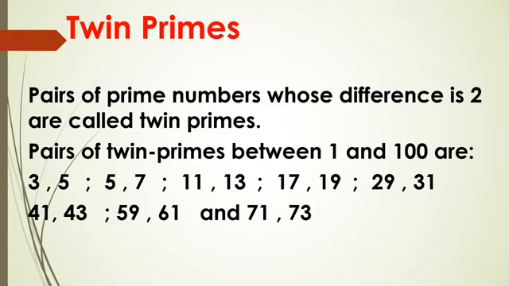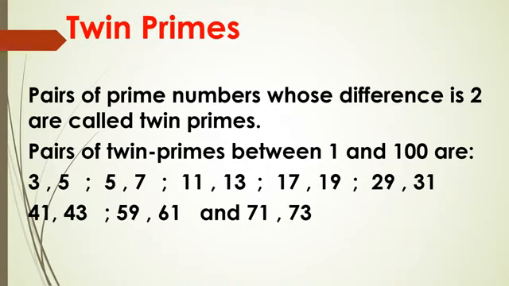Pairs of twin primes between 1 and 100 are 3 and 5, because 5 minus 3 is 2. 5 and 7 is another pair because 7 minus 5 is 2. 11 and 13 is the next pair because 13 minus 11 is 2, and these are all prime numbers also. So twin prime numbers are those prime numbers whose difference is 2. I have written here all the pairs of twin primes between 1 and 100.